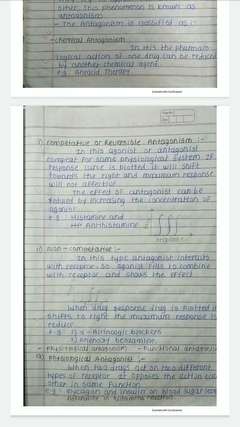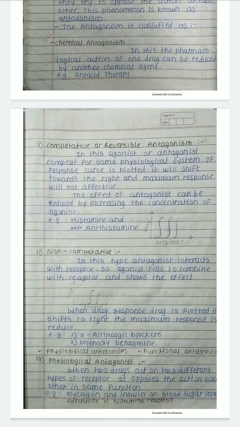When the blood sugar level is increased, glucagon and insulin are used. So they are used for the same function, but they compete with each other. They oppose the actions of each other, and it is simply known as physiological antagonist.